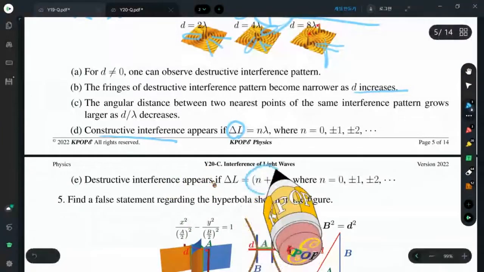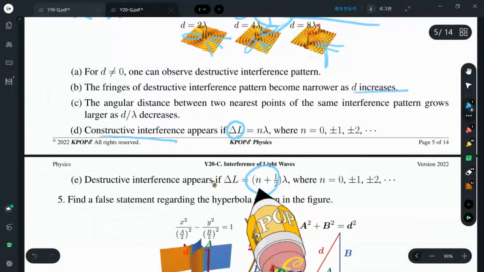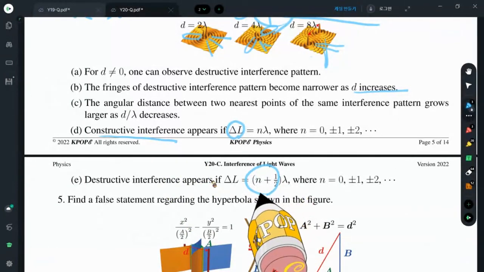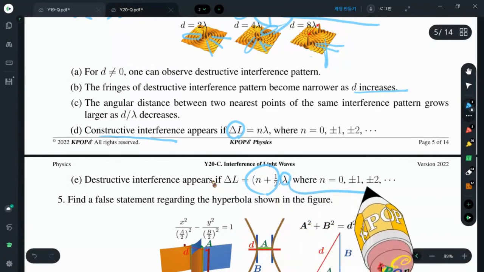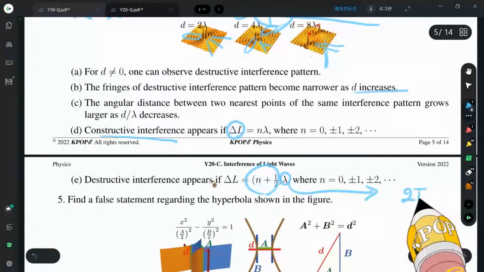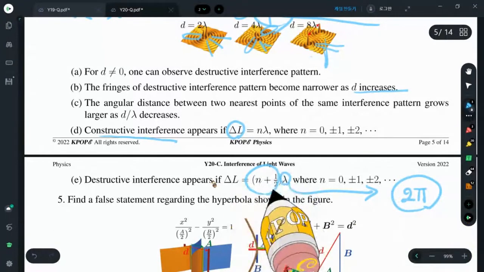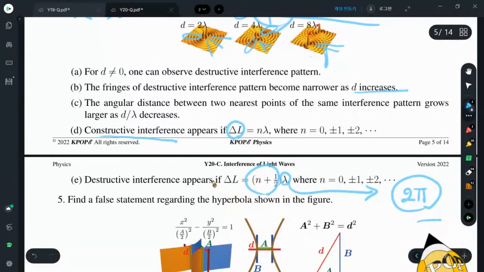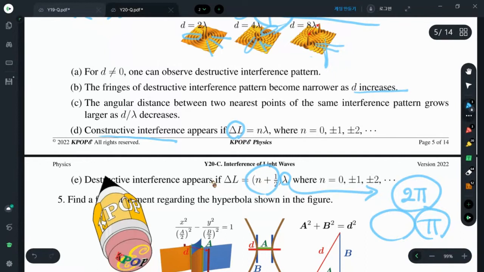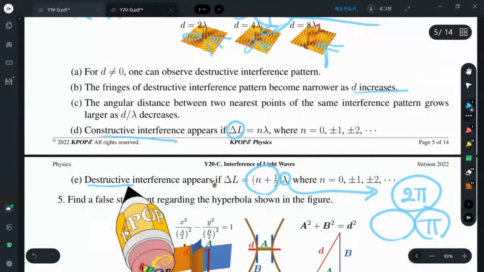And if we have half integers, that is equivalent to 2 pi. Therefore, multiplication of a half integer is equivalent to multiplying an odd number by pi. In that case, we have destructive interference.